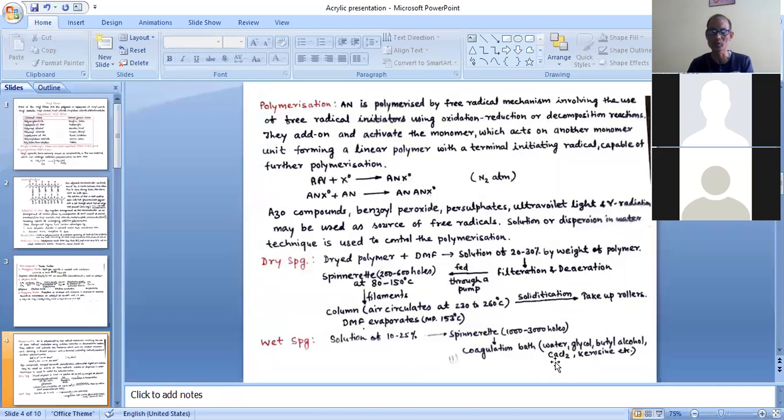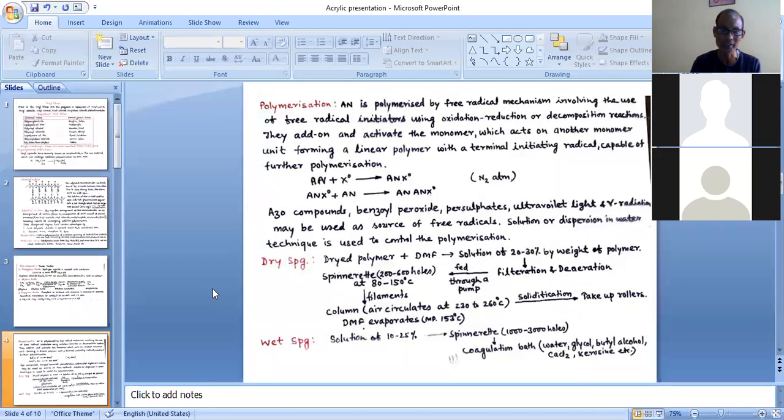The composition of this coagulation bath, and it gets solidified. After solidification, we are getting the filament of acrylic by wet spinning method, which can be wound onto a suitable package or can be converted into fibers according to our requirement.